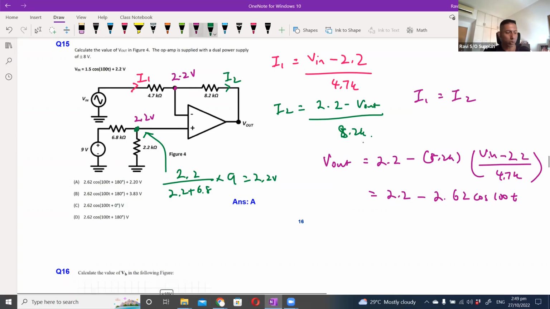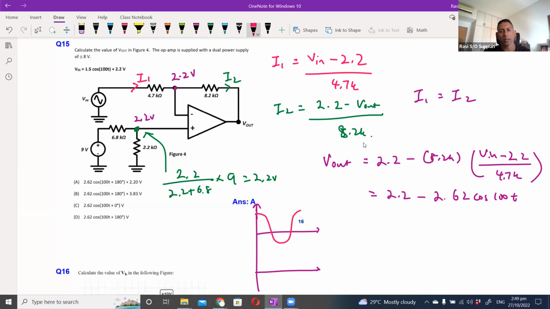If you draw out your cosine waveform, a cosine theta looks like this. If I do a negative cosine theta, it is the opposite. And what do you see? If I have a negative cosine theta and I shift it by 180 degrees, then this portion here is the same as this portion here.